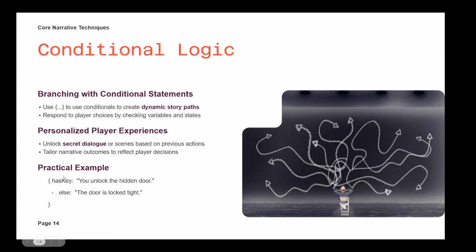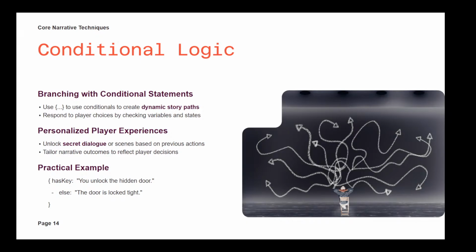In this example, the if statement is just for a string, like your dialogue here. If you have the key and that variable is true, then you will see you unlock the hidden door. Or if it is false, you will see the door is locked tight. You would probably have this in some kind of a loop.